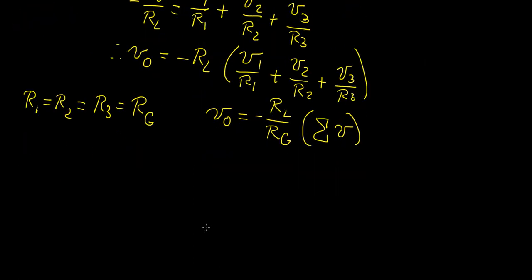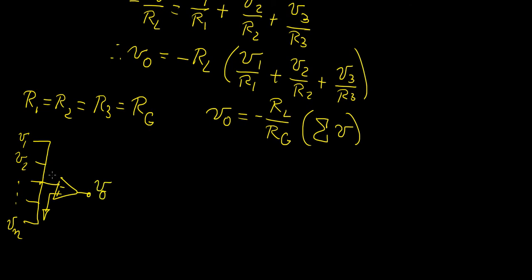And we can generalize this even further, and we could have something that looks a little bit like this. So imagine we have a bunch of different inputs, V1, V2, and so on, all the way to Vn, all coming in at this terminal, minus plus, then this is connected to ground, and then we have the output voltage over here, and then we also have a load resistance, or essentially just an RL over here.